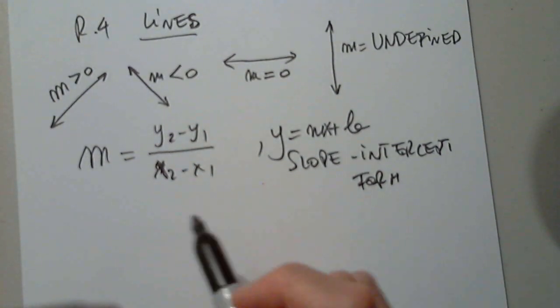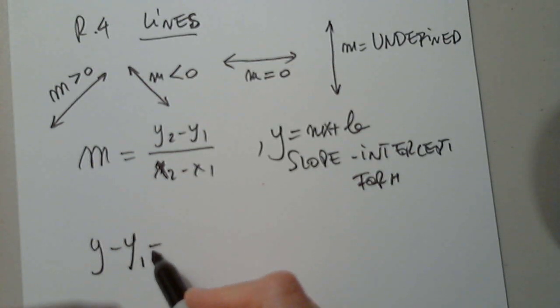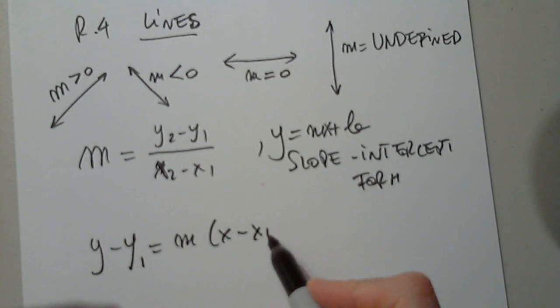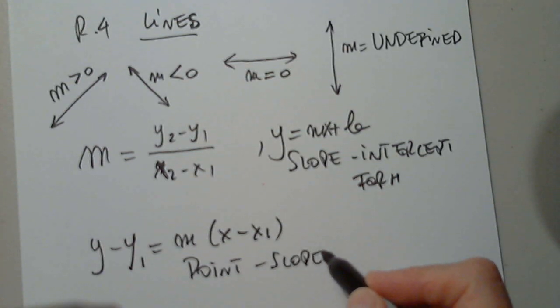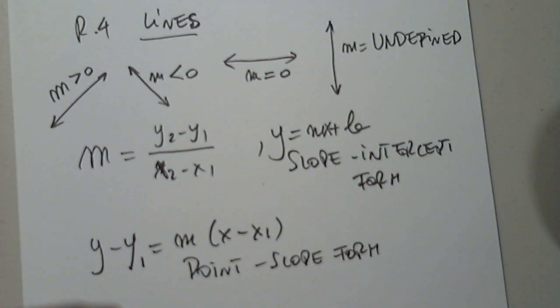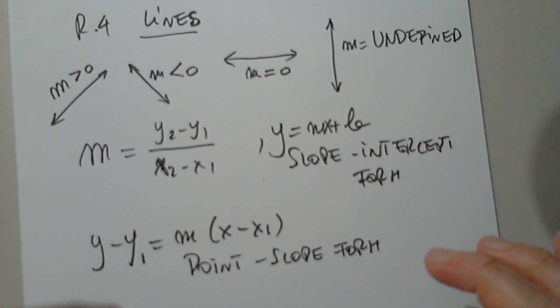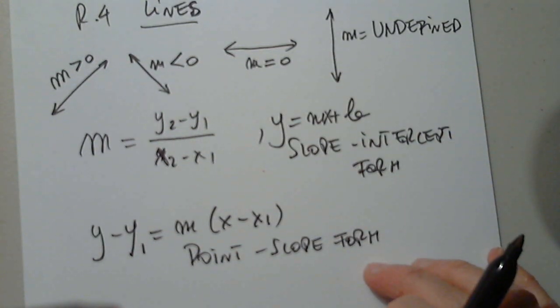And we do have y minus y1 equals the slope times x minus x1, which is the point-slope form. Slope-intercept form and point-slope form.